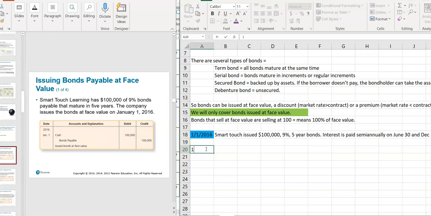All right, so when they issued the bonds on January 1st of 2016, they received cash of 100,000, and they're going to have bond payable for 100,000, and they were issued at face value.